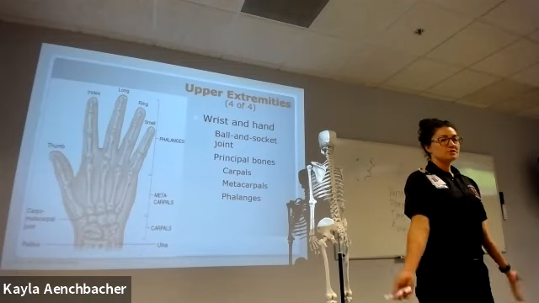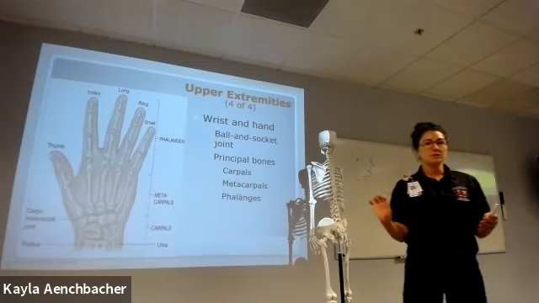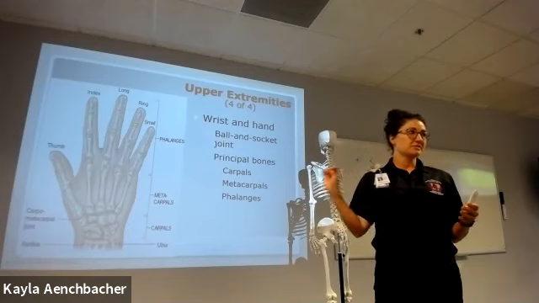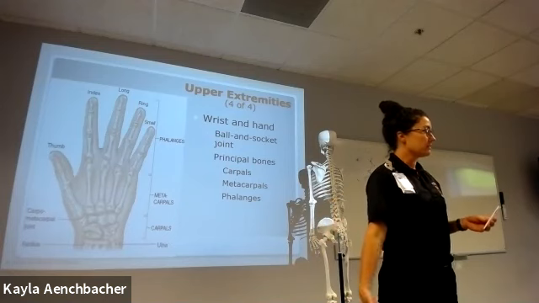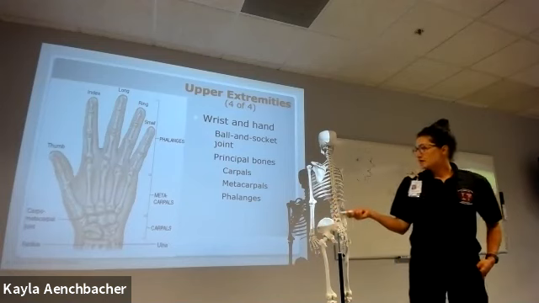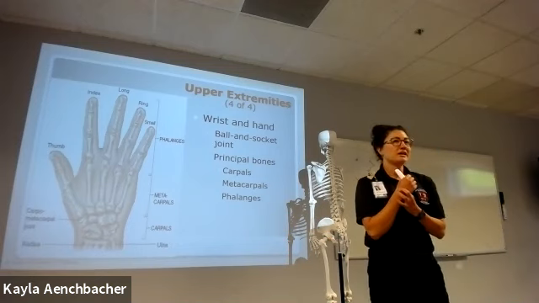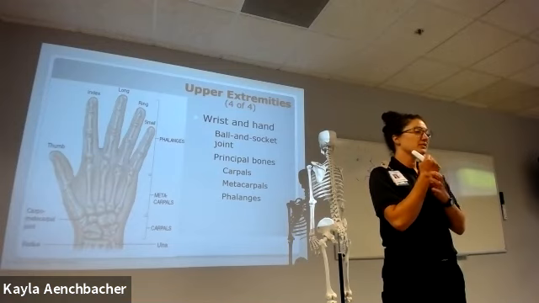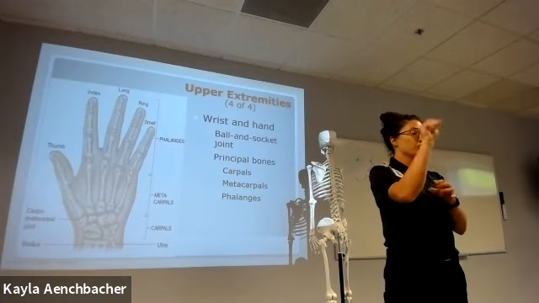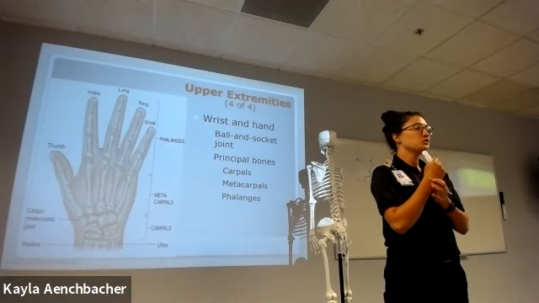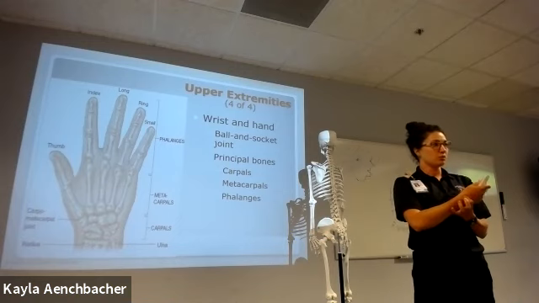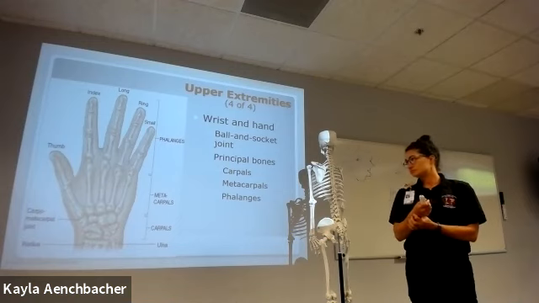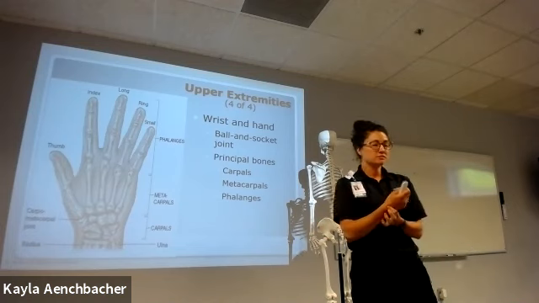All right, so we're going to move down into the wrist and the hand, because down to our distal fingertips, that's the entirety of our upper extremity. These wrist bones, again, you're not going to have to know every single one of them. I just want you to know that these several different bones that comprise your wrist joint are your carpals. Sorry, carpals.